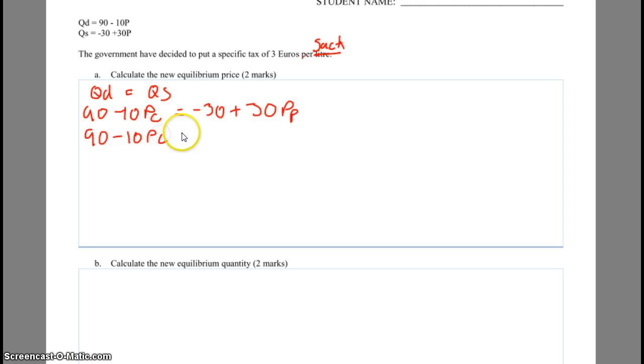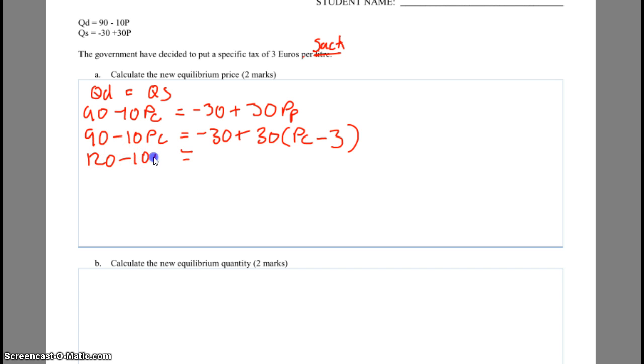So PC, so minus 30 plus 30, so we need to change this to PC or PP on both sides. So we know that the tax is €3, so the producer price must be whatever the consumer price is minus 3. Okay, so we're going to add the 30 to both sides.